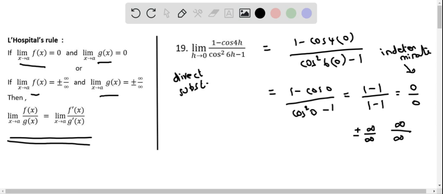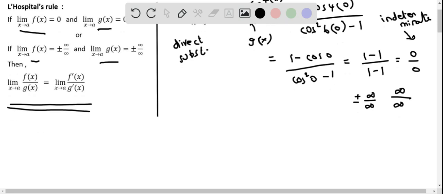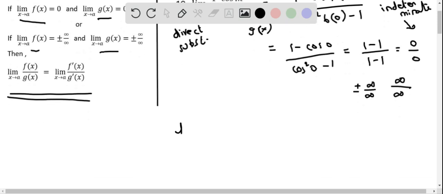So let's apply L'Hopital's rule here. If I consider the numerator function as f(x) and the denominator part as g(x), then I have to find the derivative of the numerator divided by the derivative of the denominator. So let me copy the limit over here.